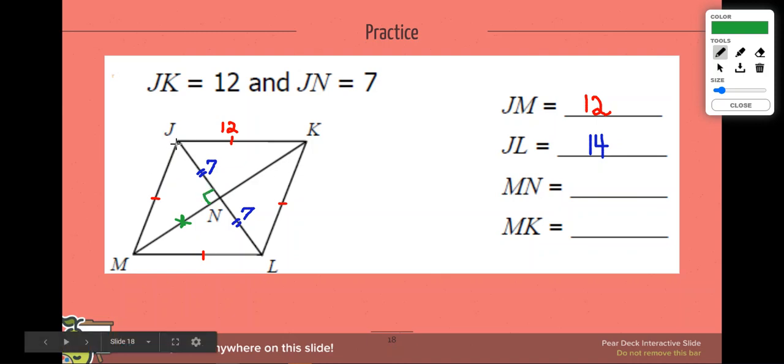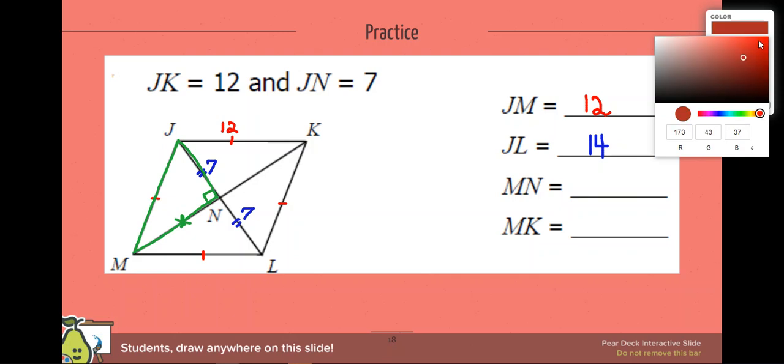If I look at this as a triangle, because it's a rhombus, the diagonals intersect at 4 right angles, so they intersect at perpendicular lines. So I can use this as a triangle and use the Pythagorean theorem to solve for the missing side.